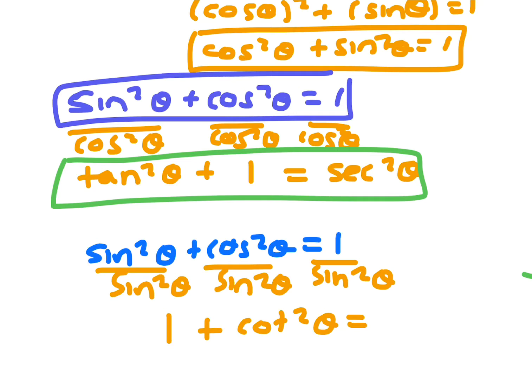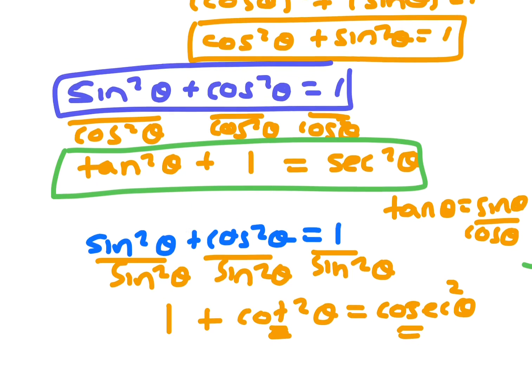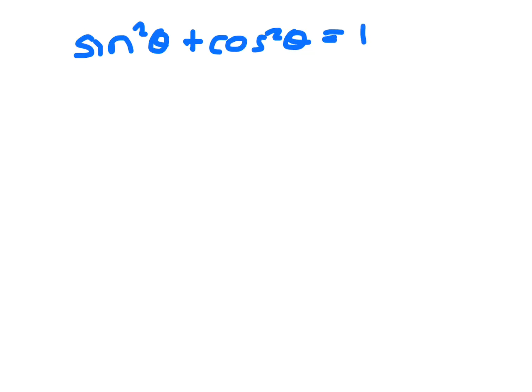And 1 on sine squared theta is cosec squared theta, because of the third letter rule: cosec is the reciprocal of sine, and cot is the reciprocal of tan, and tan is equal to sine on cos, and cot is equal to cos on sine. So we have 3 trig identities that become quite useful throughout these higher mathematical courses.